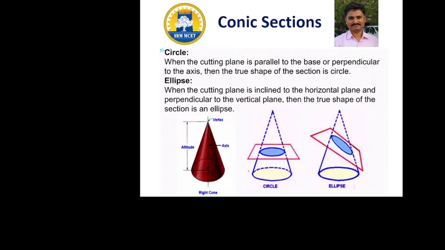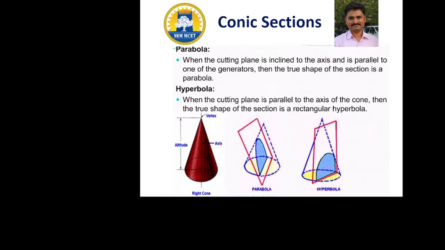If the cutting plane is parallel to the ground, then we get a circle at its top. If the plane is perpendicular to VP and inclined to the horizontal plane, then we get an elliptical shape at its top. If the cutting plane is parallel to one of its generators, then we get a parabola. If the cutting plane is perpendicular to the ground plane, then we get a hyperbola.